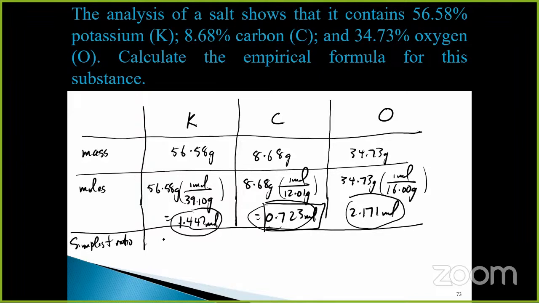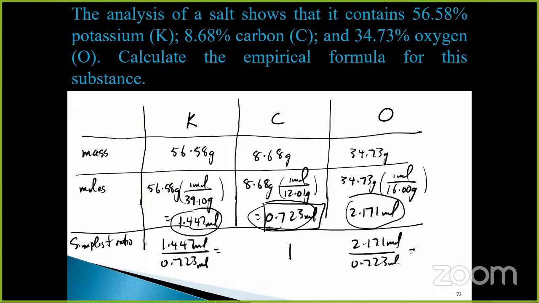So in the case of potassium, it's 1.447 moles divided by 0.723 moles. And we work that out. Now this divided by itself will give you 1. And then in this case, we divide 2.171 moles by 0.723 moles, and we work that out, right?